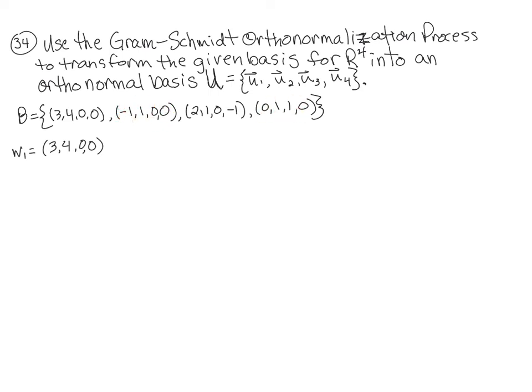Same thing here. Whereas the magnitude of this vector is 5. And it gets a little hairy because you're going to have lots of denominators with 25 in it, which is 5 squared, instead of a denominator with 4 in it for either one of these. But it's still doable. It's not a big deal. So we're going to get going. U1 equals the original.